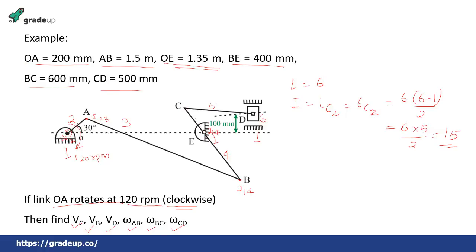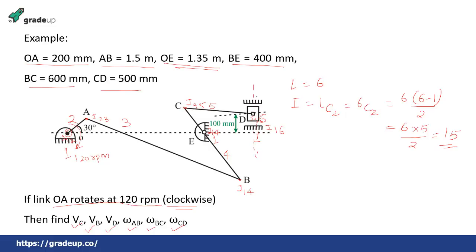This CD is link 5, BC is link 4, so this is I45. Then this is link 6 and this is link 5, so this is I56. And this slider is moving with respect to link 1, so this is link 6, so this will be I16, because this is a slider moving, so I16 will be along this line.